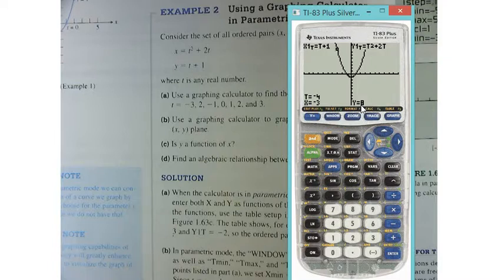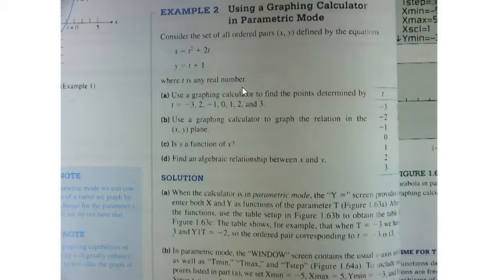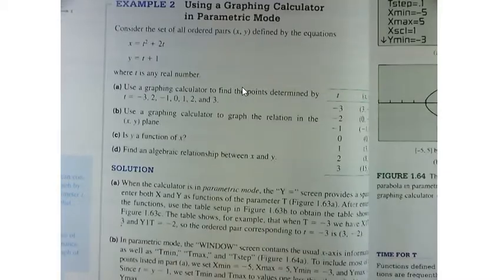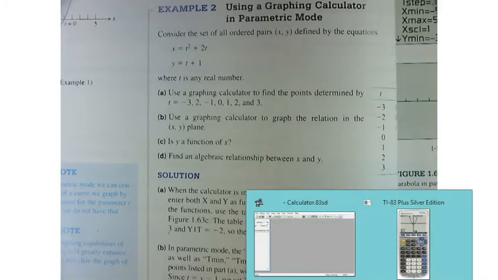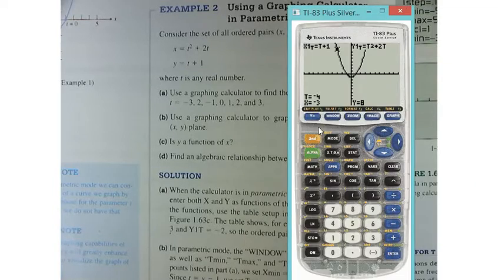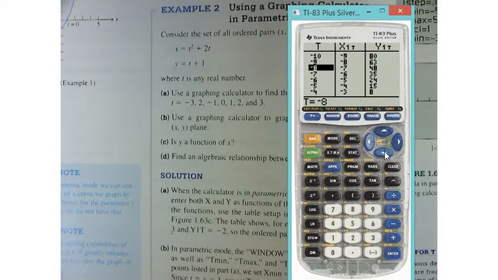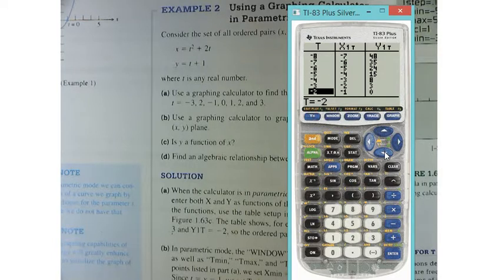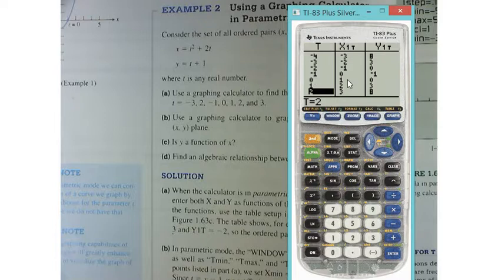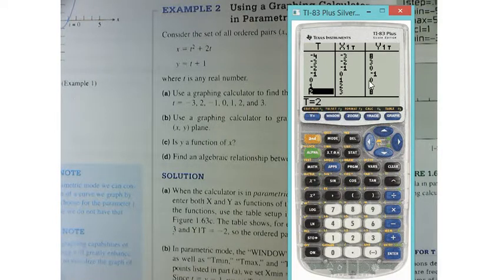Any questions? Now, did we answer all the questions out of the textbook? Oh, we needed to show the relation. I did that before, but we'll show you again. Well, what's the relationship between x, y, and all that stuff? It's all based on t. So if you look at the xy values, I've got 0, -1, 1, 0, 2, 3, 3, 8.